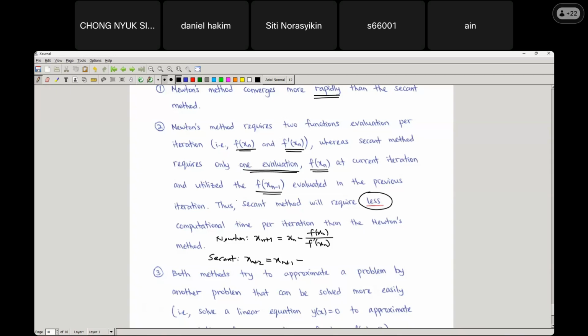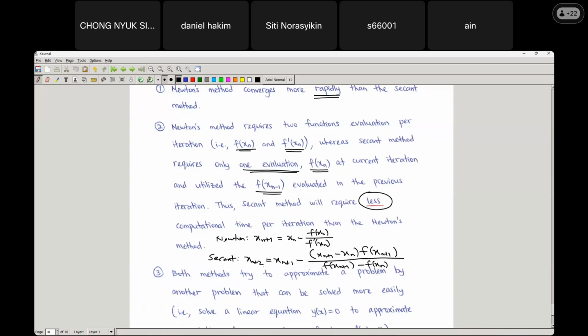Okay, oh, I found it. So this is x(n+1) minus (x(n+1) minus xn) times f(x(n+1)), and then over f(x(n+1)) minus f(xn). Okay, so you see, xn and x(n+1), you actually get before that.